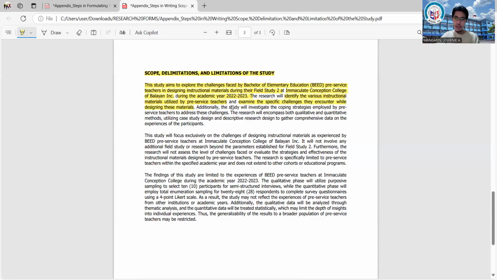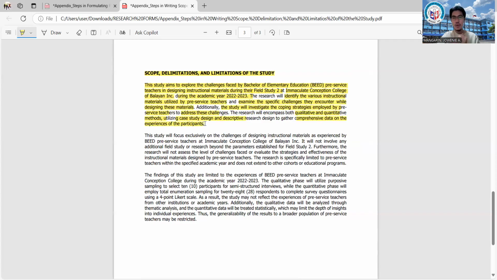Additionally, the study will investigate the coping strategies employed by the pre-service teachers to address these challenges. And then, this research encompasses both qualitative and quantitative methods, utilizing case study design and descriptive design to gather comprehensive data on the experiences of the participants.